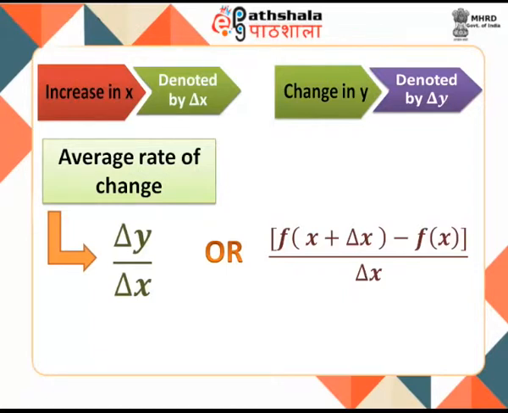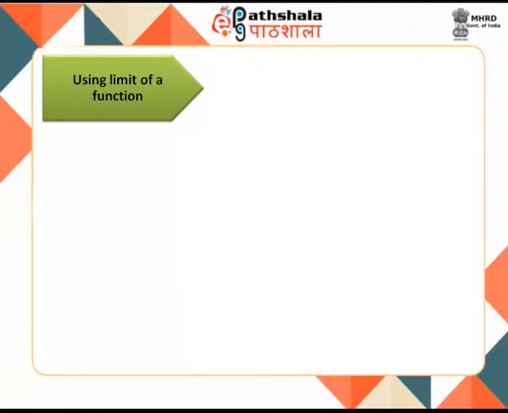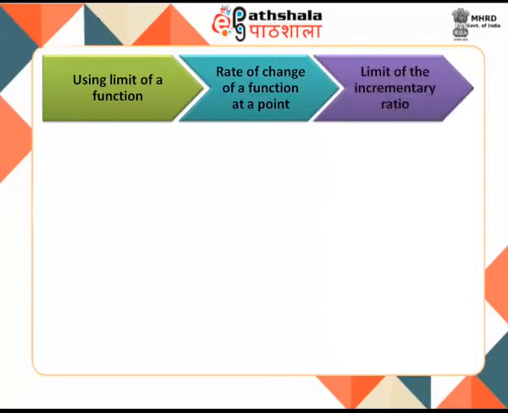This ratio is termed the incremental ratio. Using the concept of limit of a function, we can say that the rate of change of a function at a point is given by the limit of the incremental ratio as delta x tends to 0.